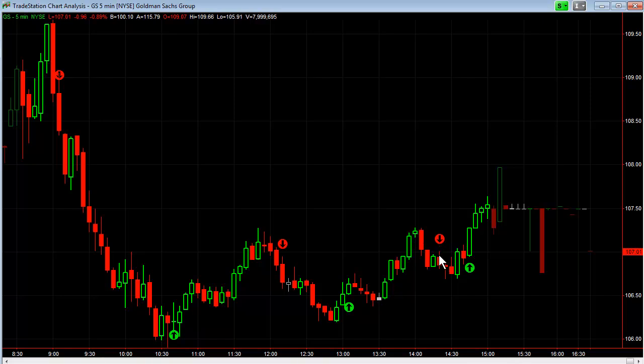A short entry around 2:10, and then a long entry to finish the day off on this move up. So just to give you a highlight on three different asset classes: a future, an ETF, and a stock. This gives you some clarity on what the entries look like when you're trading the power cycle day trading model.